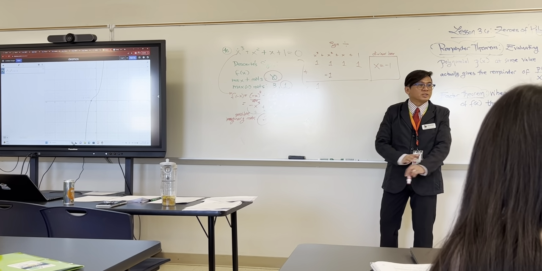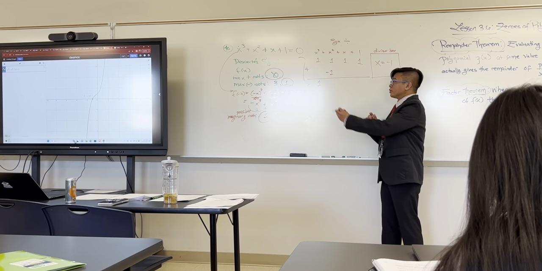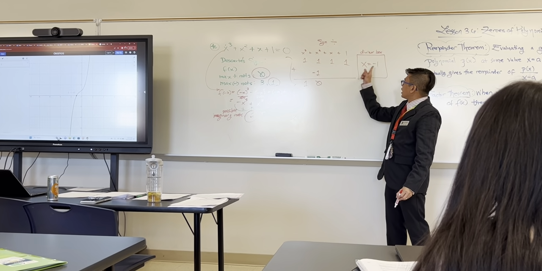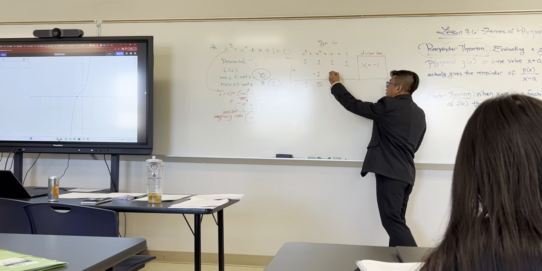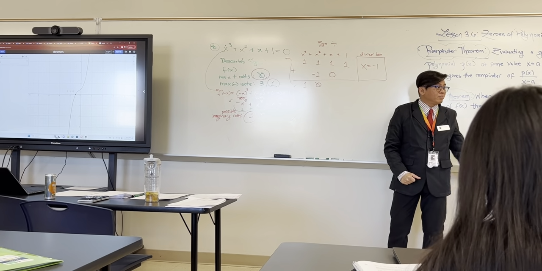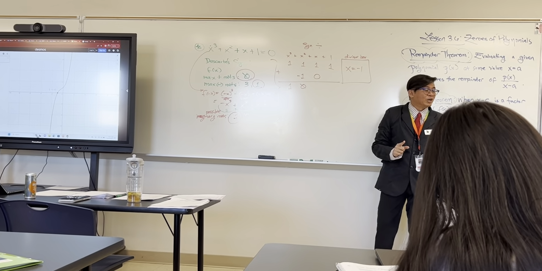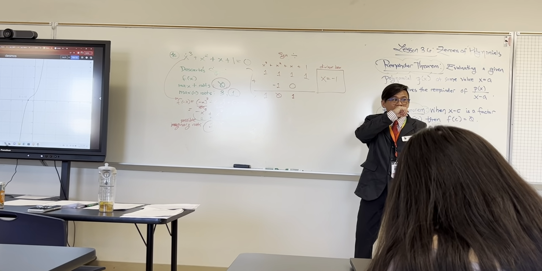What's the result? 1 plus negative 1 is 0. Continue: 0 times negative 1 is 0. Put it in here. Add them together: 1 plus 0 is 1.